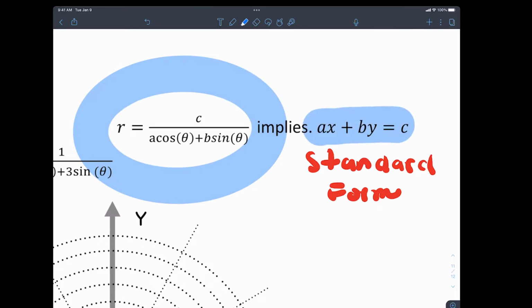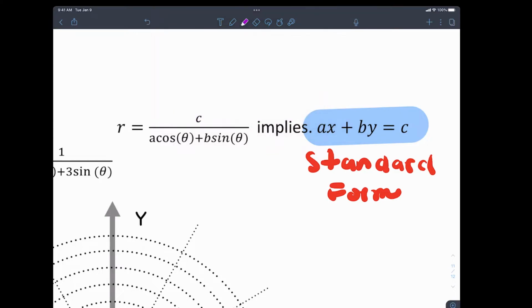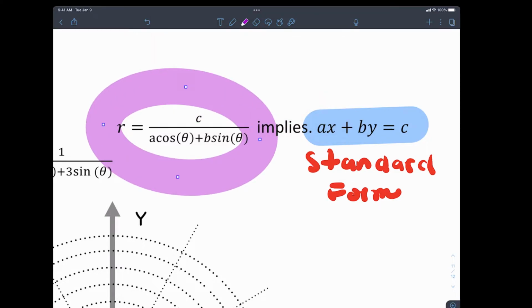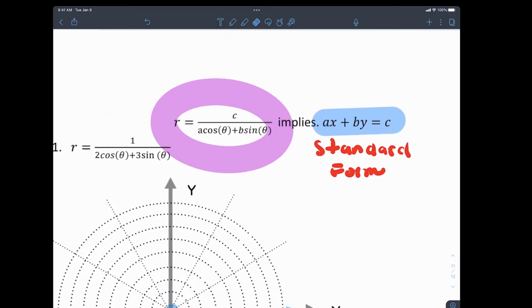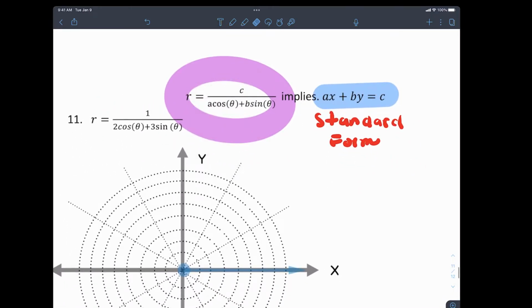This is the standard form of a line, and then this here is going to be what? You go, wow, I got r equals C over A cosine theta plus B sine theta.